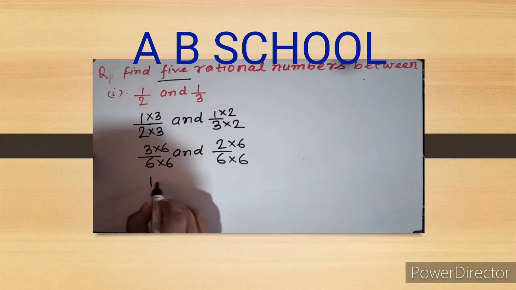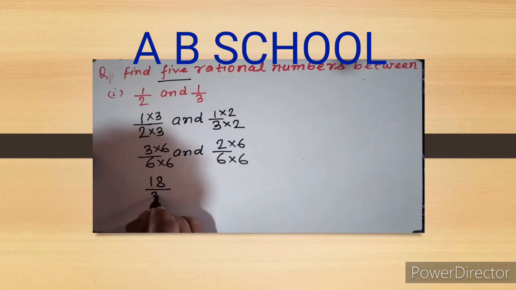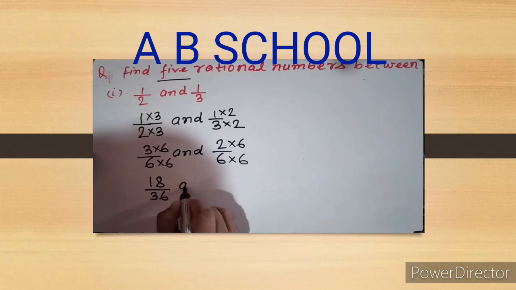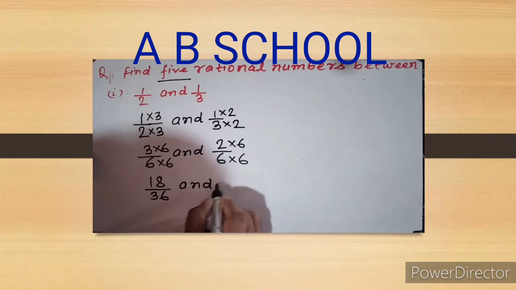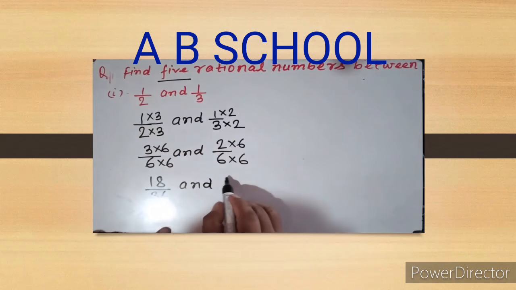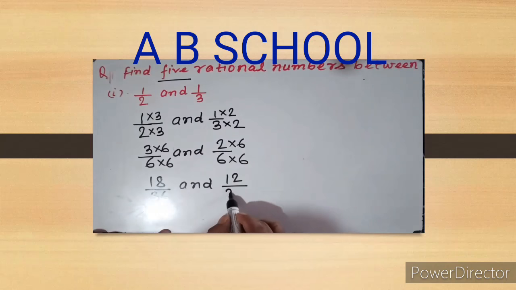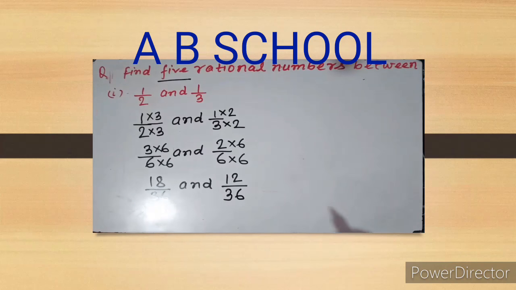So 3 6s are what? 18 upon 6 6s are 36, and this is 2 6s are 12 and this is 6 6s are 36. Now we have to find the rational numbers between 18 by 36 and 12 by 36.